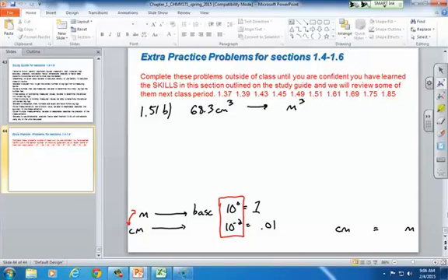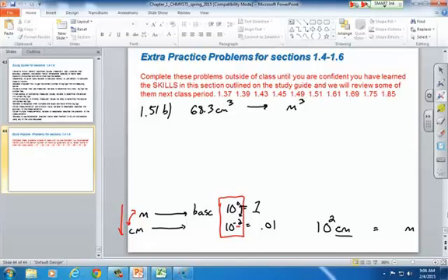Since the difference here is 2 powers of 10, I'll make that a positive 2, and I'll put it with the smaller of the two units. I know the centimeter is smaller than a meter because it's down near the bottom of the chart and it has a smaller power of 10 associated with it.